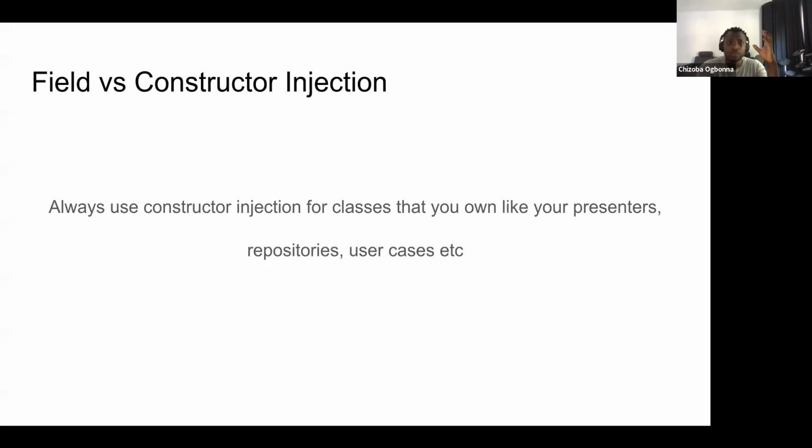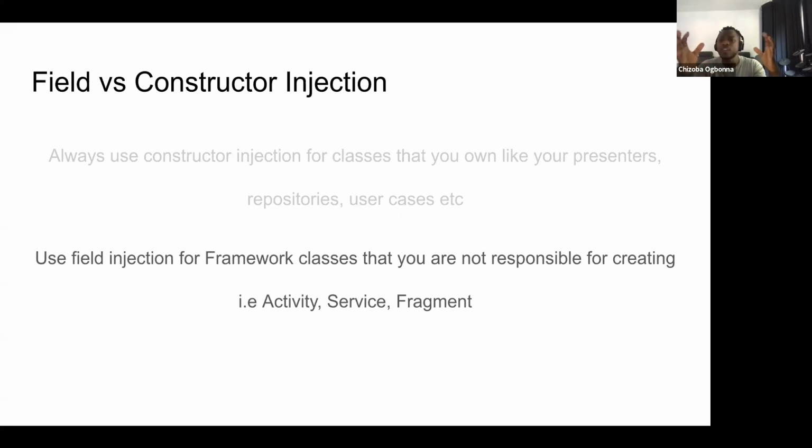Field injection is meant for things that you are not the one responsible for creating. Probably something that comes from a library or Android framework classes itself: activities, services, fragments. You don't have access to the constructor. But things that you own, that you have access to their constructor, always use constructor injection.